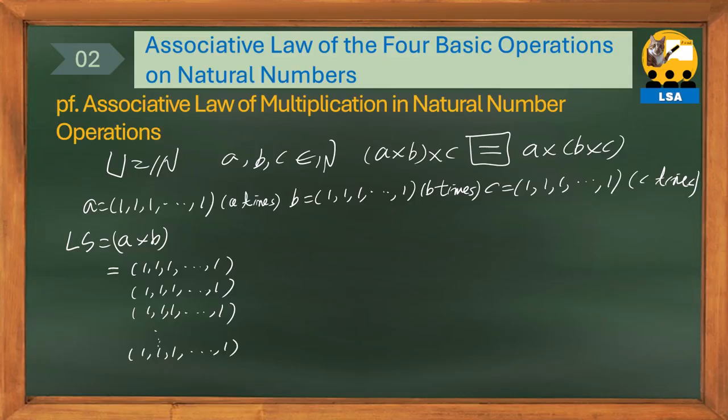Then one chunk of adding ones is created. Multiplying c to this means repeatedly adding this chunk c times.